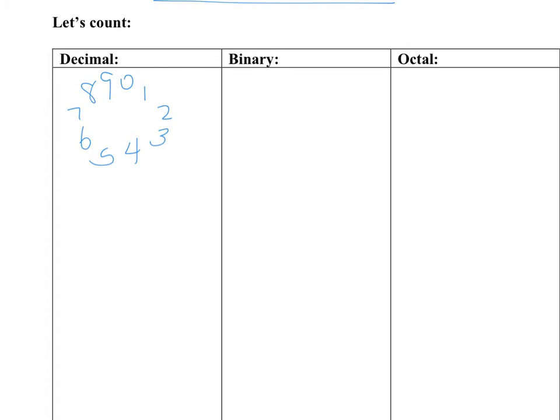If you were to write out something like 5247, these are the ones, the tens, the hundreds, and the thousands. In binary, there's only 0 and 1, so it's not even a clock, it's a line.